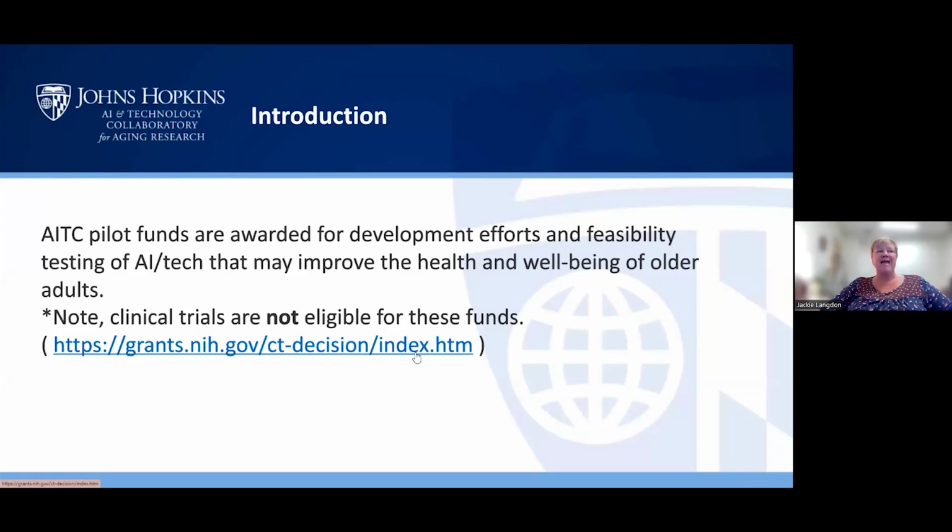In terms of the AITC pilot funds, be aware they're awarded for developmental efforts or feasibility testing of AI and tech that may improve the health and well-being of older adults. And note that clinical trials are not eligible for these funds. You'll see a link embedded here. I have embedded these throughout the talk so that you can take a deeper dive, as we will just go across some broad concepts. And each of these links will be available at the end as well.